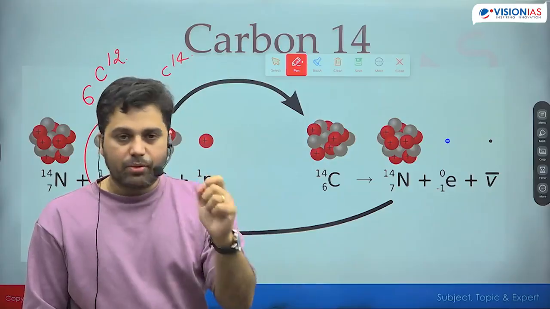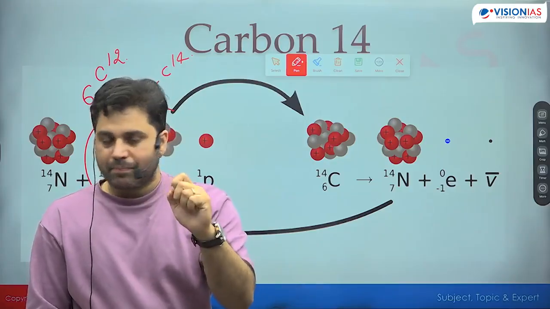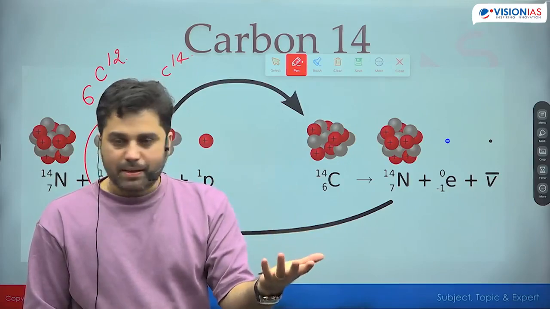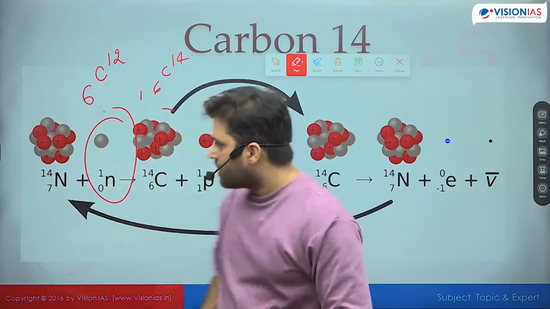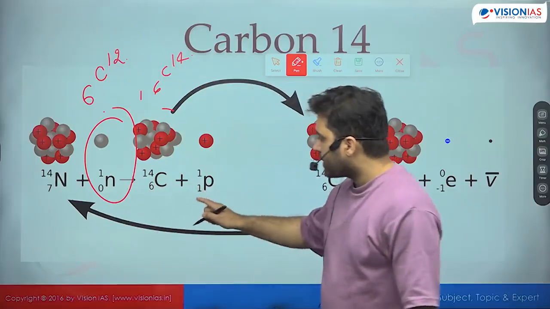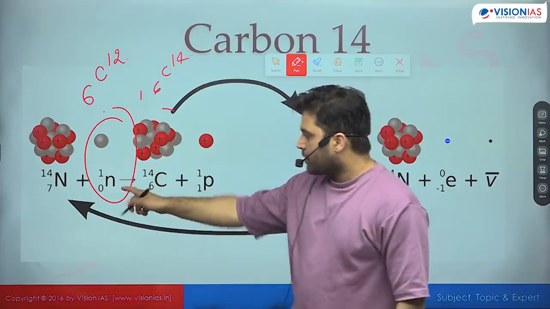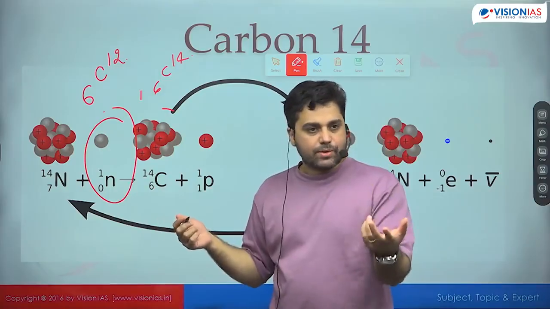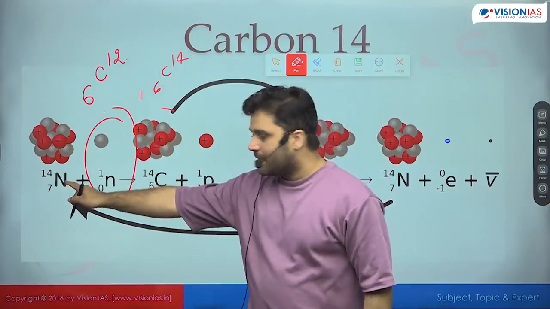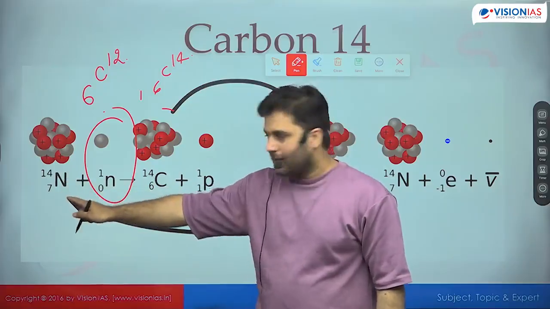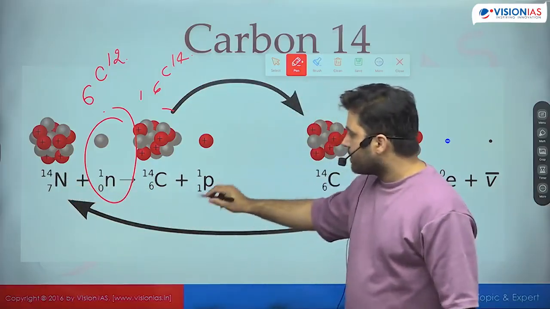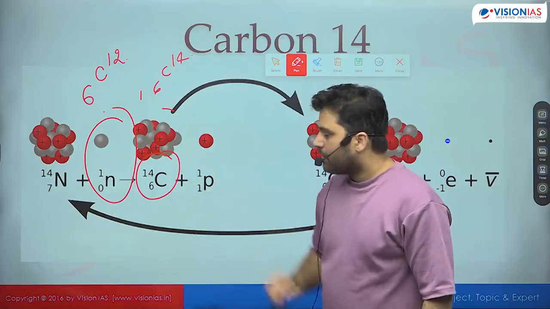In the atmosphere, the most important gas is what? Nitrogen. Nitrogen is 78%. So that nitrogen undergoes a transformation, a nuclear reaction. Because of that neutron, this neutron is a very small particle compared to a nitrogen atom. It can enter inside a nitrogen nucleus, and it can convert that nitrogen nucleus into carbon-14.